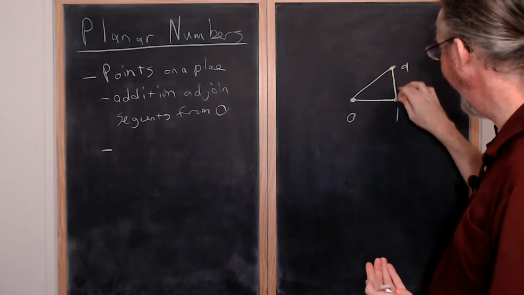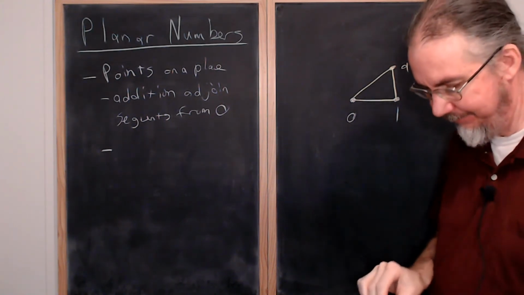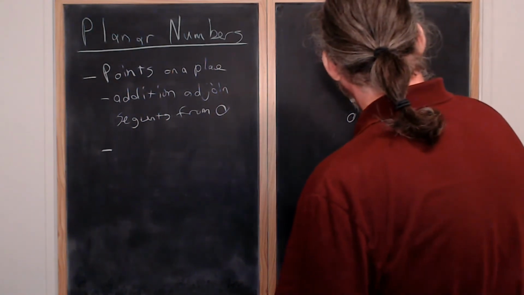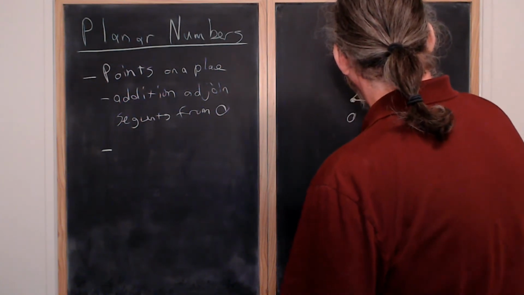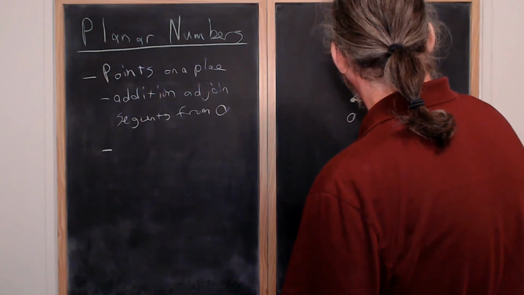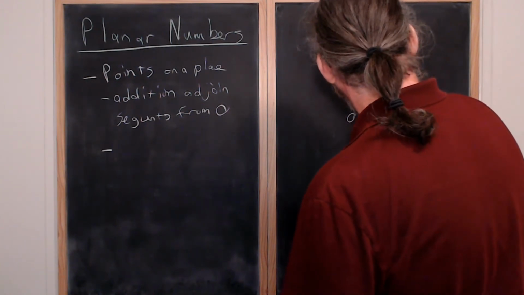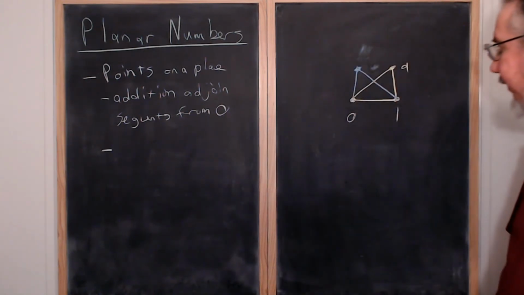So we can think of A as representing this triangle. And now B, suppose I have this point B, let's make B over here. Well then B is going to represent that triangle.